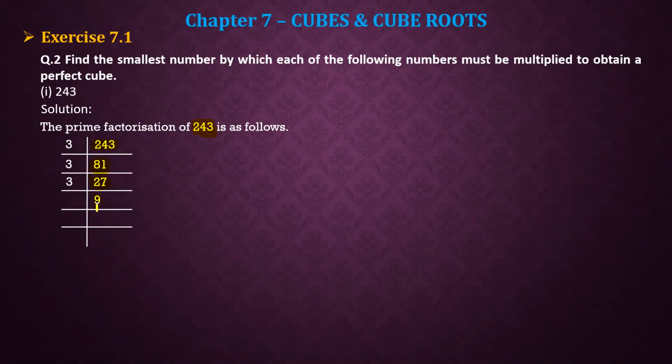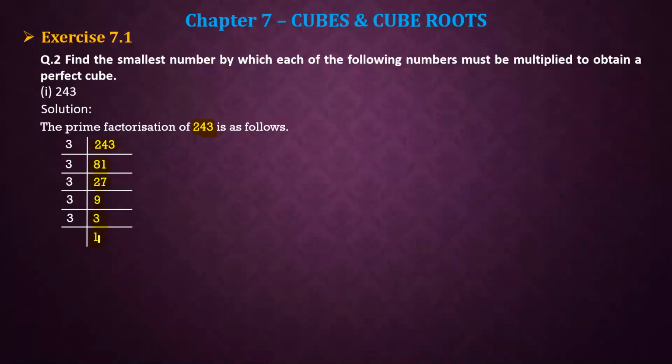Again 9 is divisible by 3. 3 3s are 9, and this last 3 is again divisible by 3, and after dividing that 3 by 3 we are getting the remainder as 1. We know that we have to continue the prime factors until the remainder is 1, and then we stop. So here the remainder is 1, so we stop here.